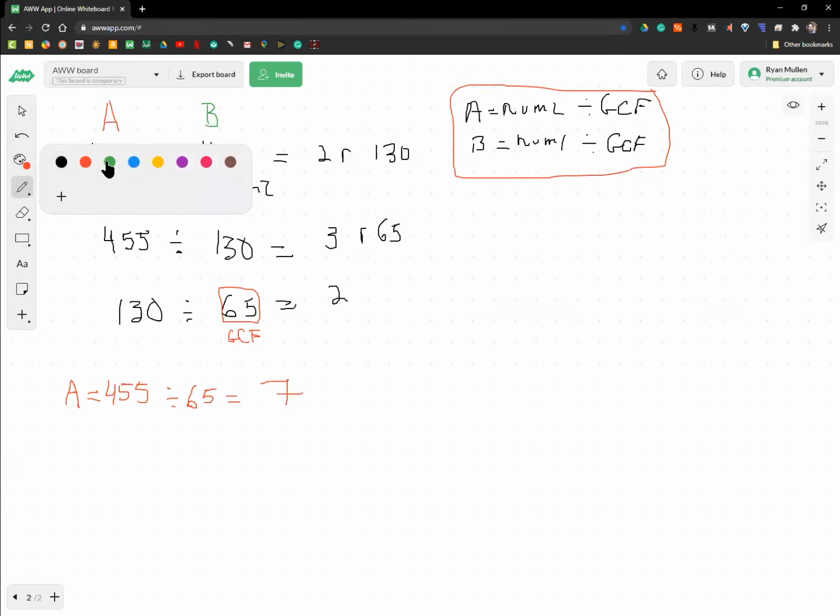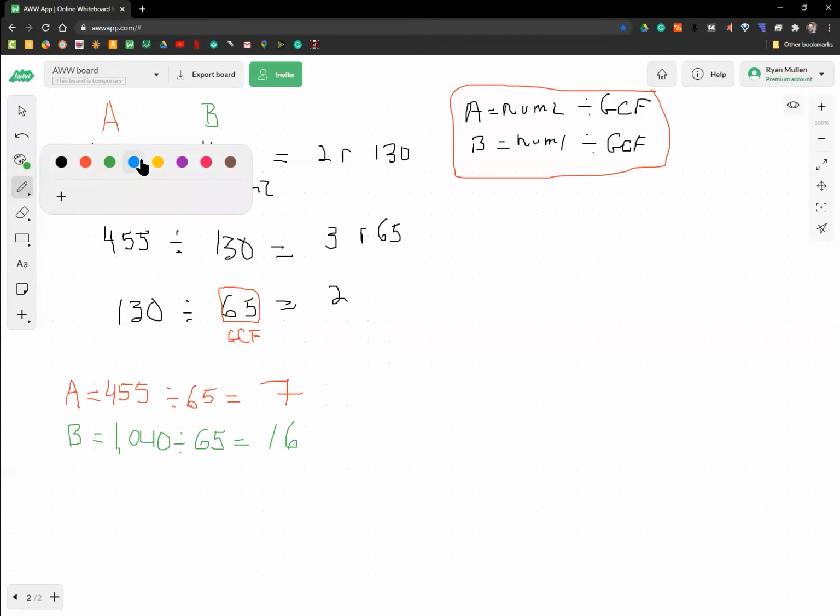And then here I have B, equal to number 1 divided by GCF, so 1,040 divided by the GCF of 65. And that is equal to 16. So I need 7 of item A and 16 of item B for no waste.